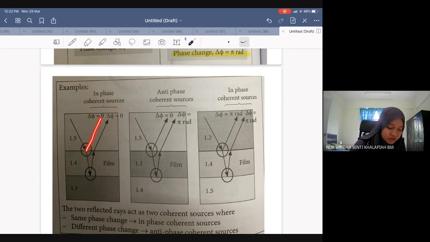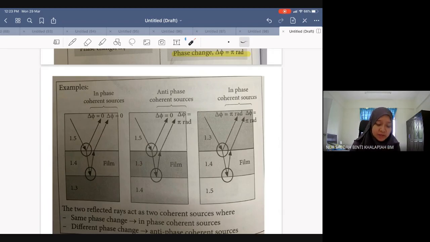Satu tadi reflection ray kita has no phase change. Reflection ray yang kedua juga no phase change. As a result, dia menghasilkan dua coherent source yang dalam keadaan in phase, dalam keadaan yang sama fasa. Okay, so itu example yang pertama.